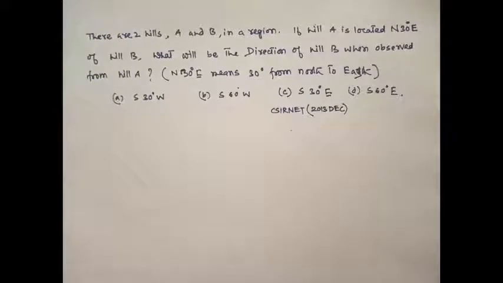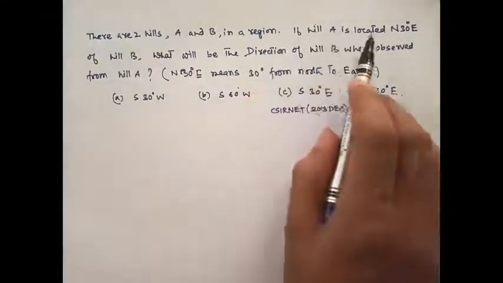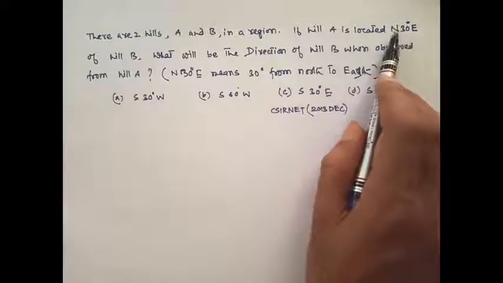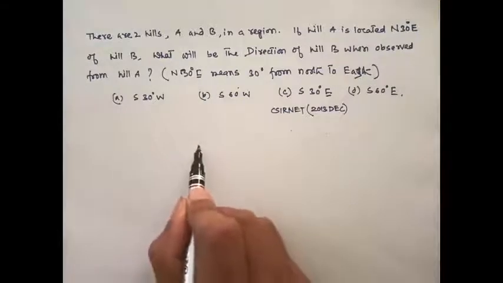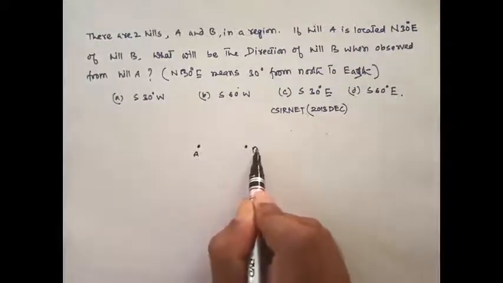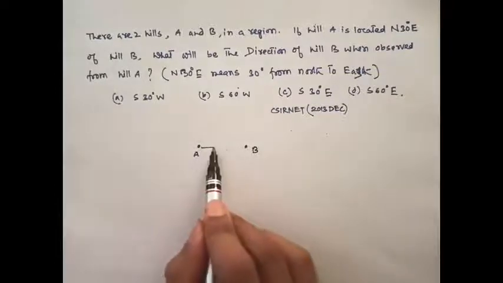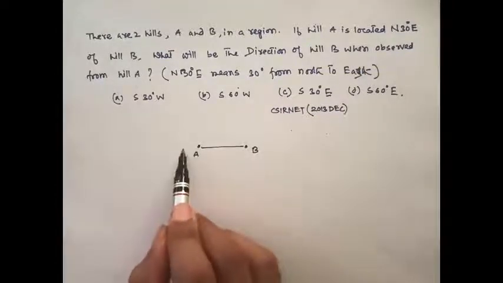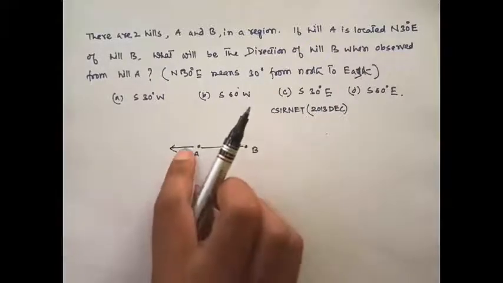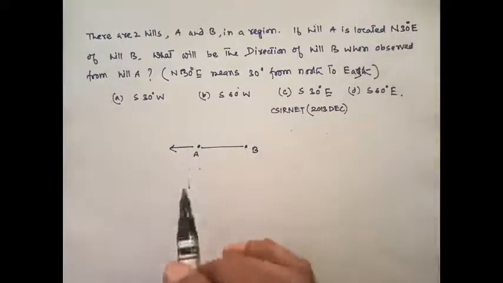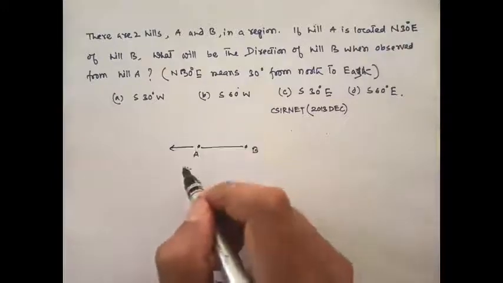So this is a question based on the direction of two hills. In a region there are two hills, A and B, and it is said that the direction of hill A is at a 30-degree angle from north to east from B. If you see the direction of these hills, hill A is along this direction, and this direction is making a 30-degree angle with the north direction, from north to east.